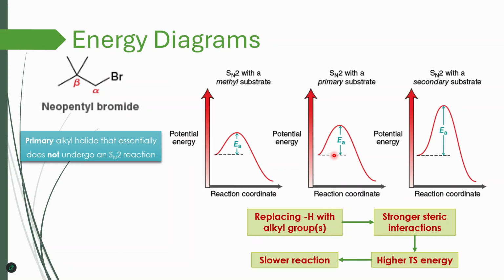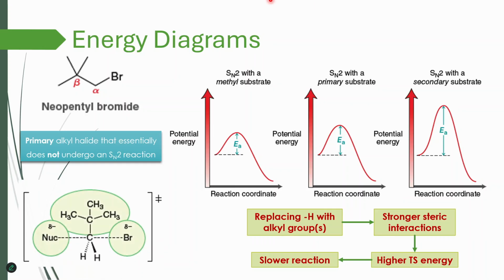The reason it has a negligible rate is that the transition state is really high in energy. This is primary, but the group connected at beta is so large that it interferes with the electron density of the incoming nucleophile and the outgoing leaving group, and that immensely increases the energy of the transition state.